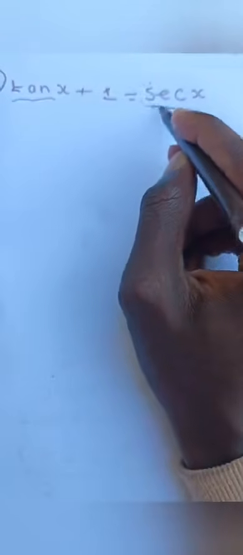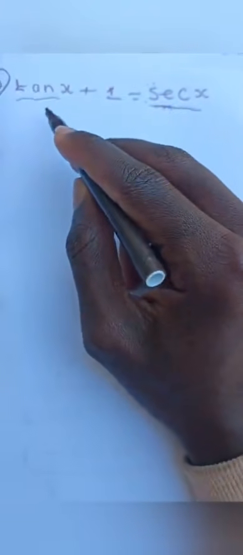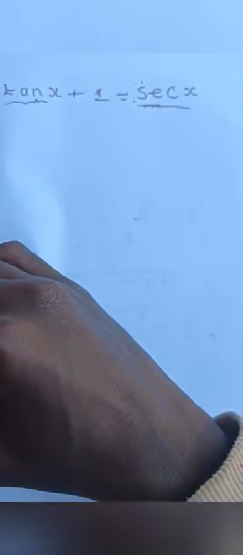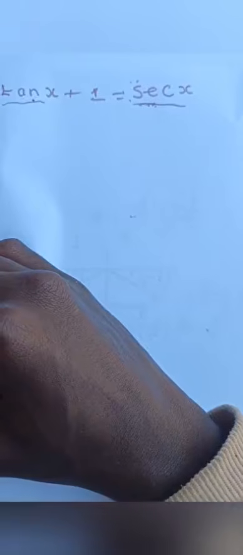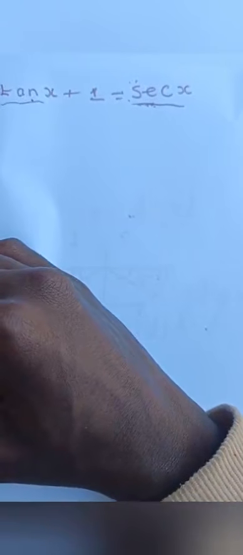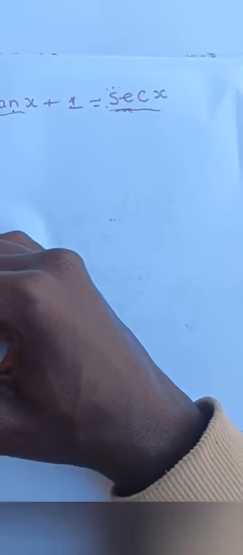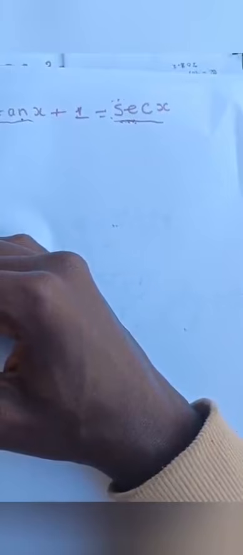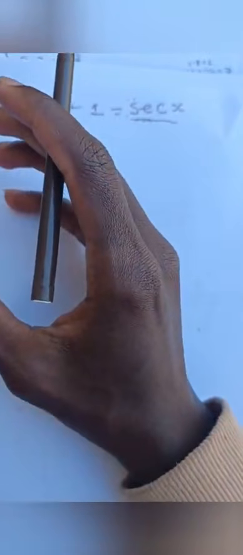Now, since it is combined with this sec, we need to find identities which we can substitute. The key here is that some equations will require you to just solve directly, other equations will require you to simplify a little bit before you solve. Especially these equations with combined trigonometric functions, usually you find that you first simplify, then solve.